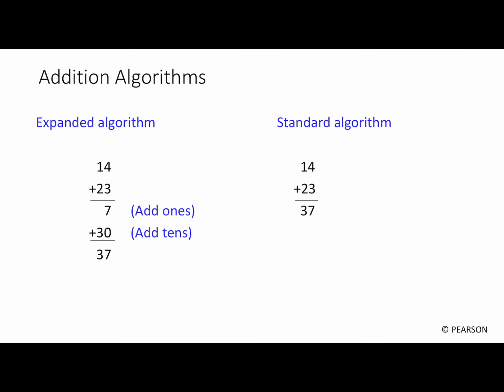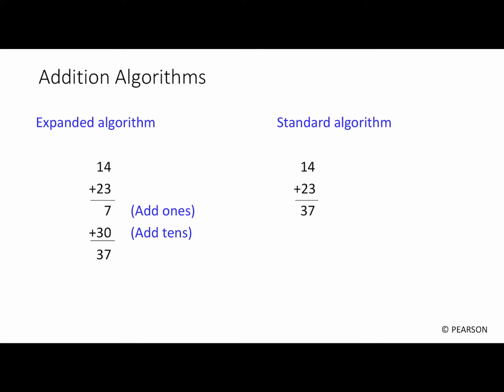The expanded algorithm, we're going to add our ones and then add our tens and maybe our hundreds if we also have hundreds, and then add those together to get our final answer. So if I wanted to add 14 plus 23 again, I'm going to add 4 plus 3 to get 7, and 20 plus 10 to get 30, right?